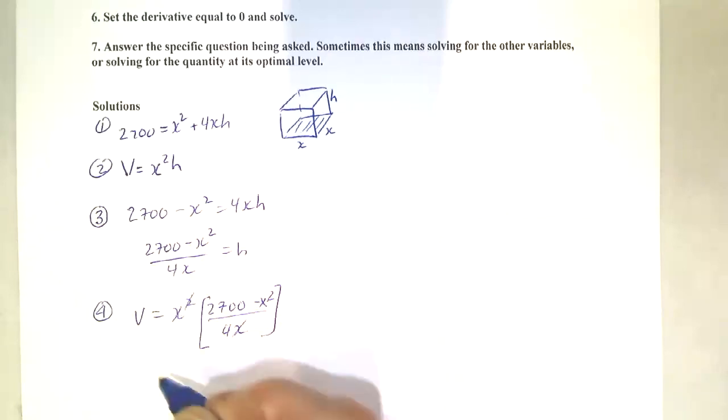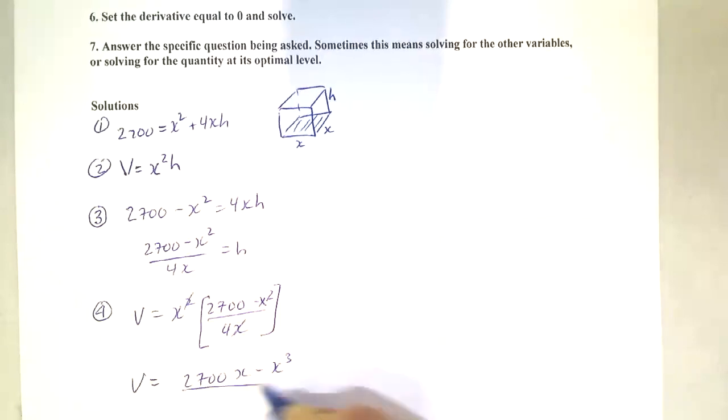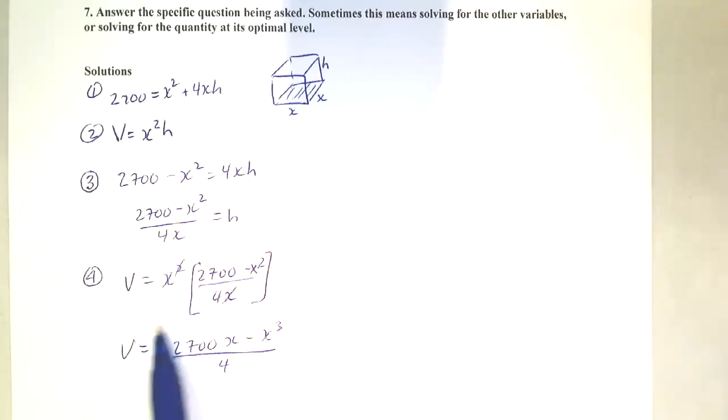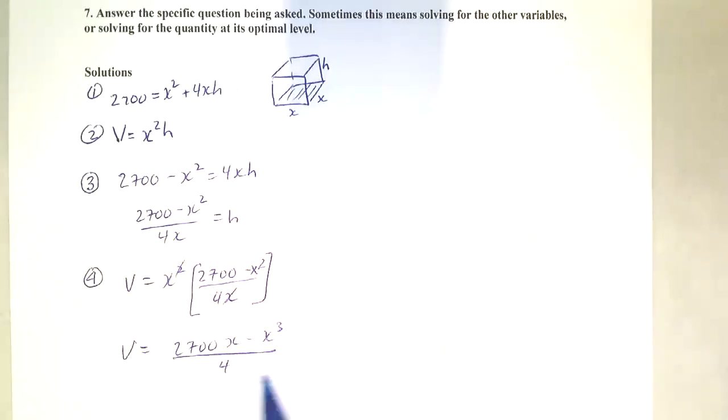So this can reduce, and you get 2,700x minus x cubed over 4. Now you're going to watch me do a couple of questions, and you're going to notice that my preference when I'm doing optimization questions is to express this equation, the thing I'm maximizing, so it looks almost like a polynomial, adding and subtracting a bunch of terms.